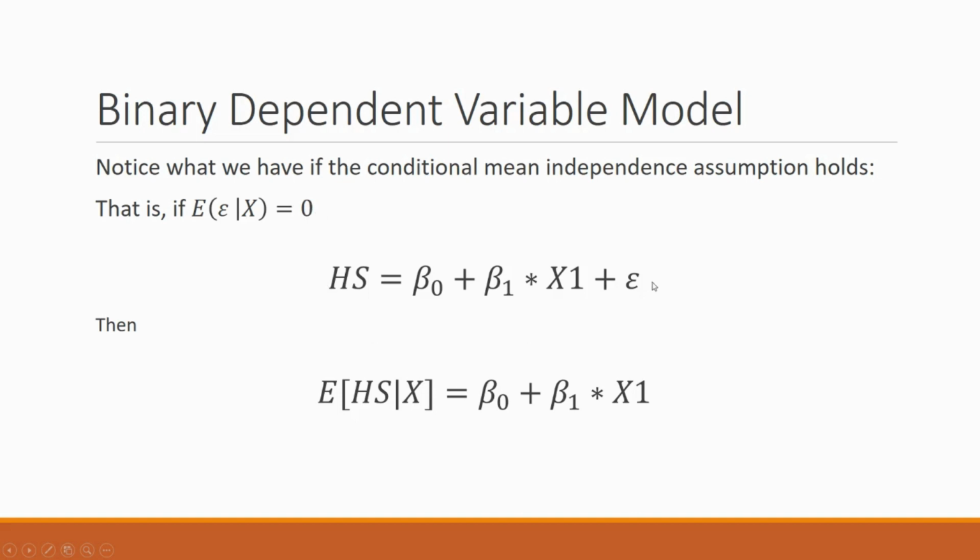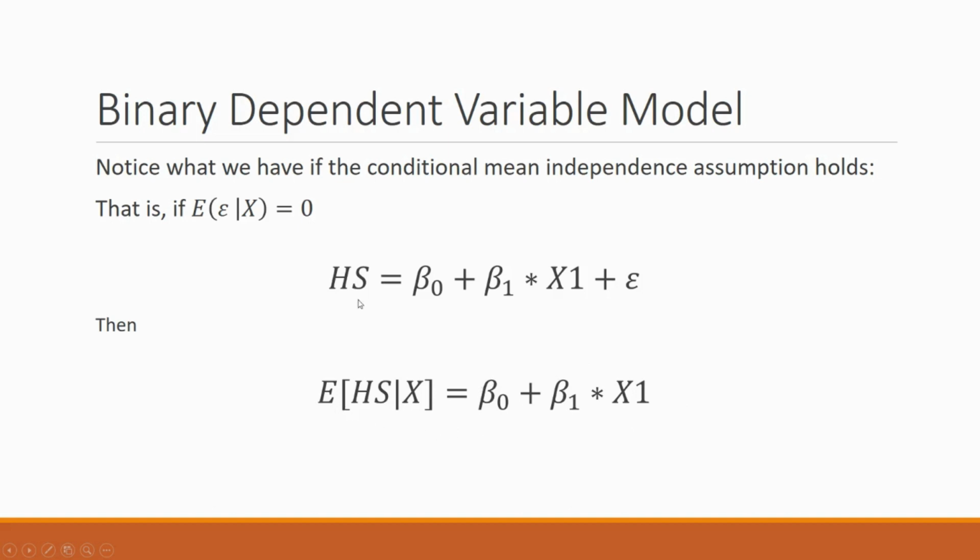If we take the expected value conditional on x, we have the expected value of our dependent variable conditional on x equals just the linear equation without the error term, because the expected value of the error term conditional on x is equal to 0.